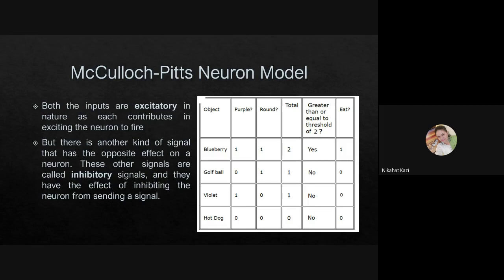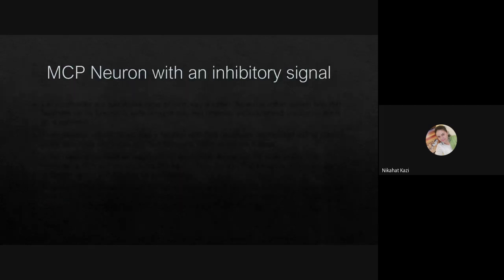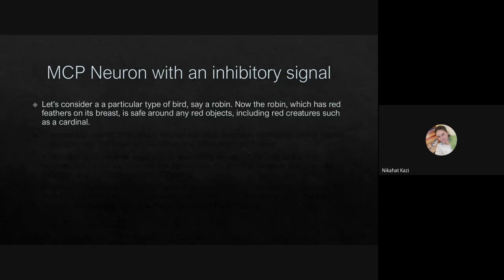Okay. So now let us see how to incorporate this inhibitory signal. So now instead of a bird, you just consider a specific type of bird, that is a robin. Okay. Now this robin has red feathers.